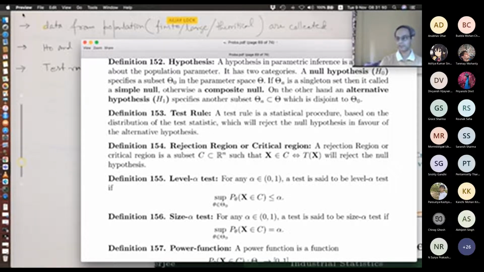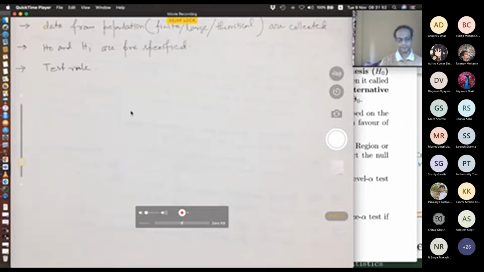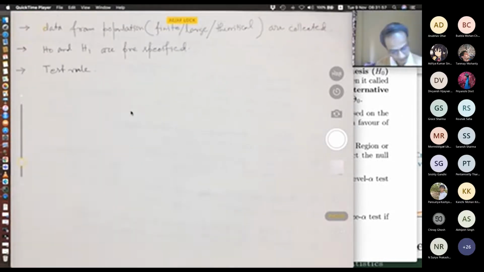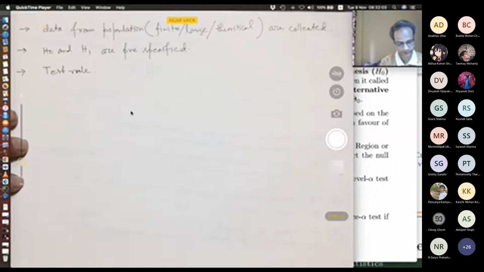So say, for example, as an example of a test rule, how we come up with one is a separate story that I will tell you.